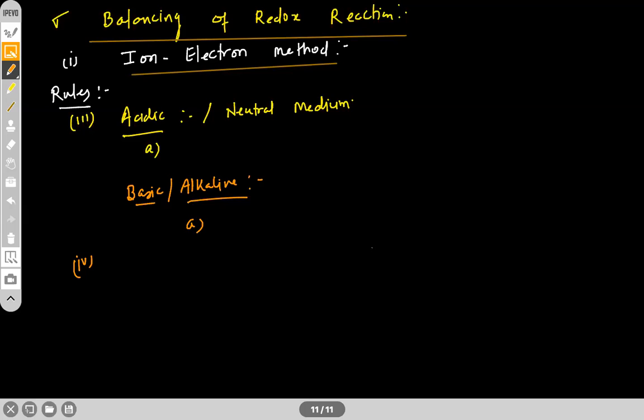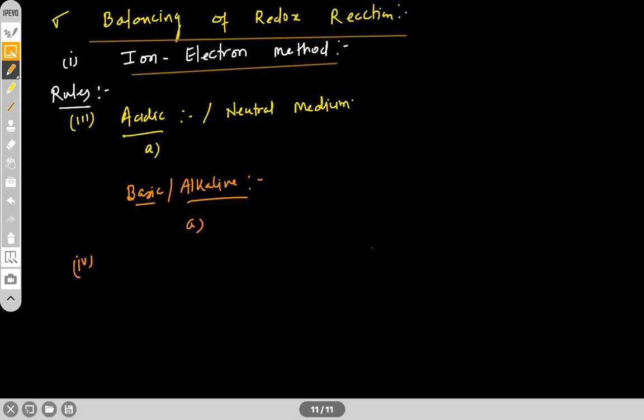Priyam, you write down this point and then I'll repeat the last one also. The last point is multiply both equations by a suitable integer so that the free electrons get cancelled when we add the two equations.